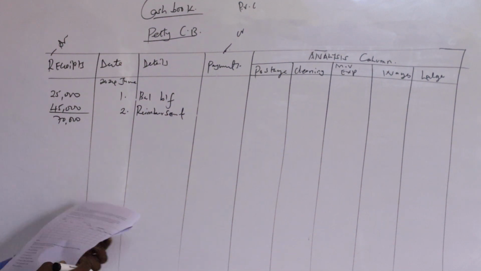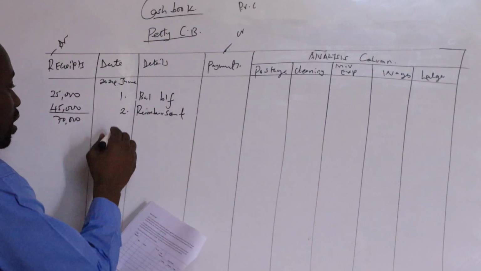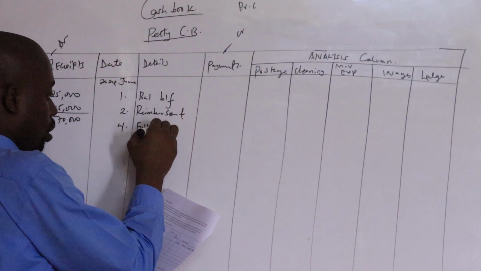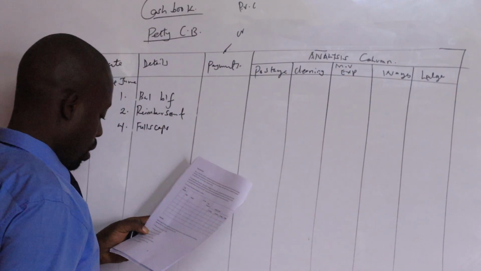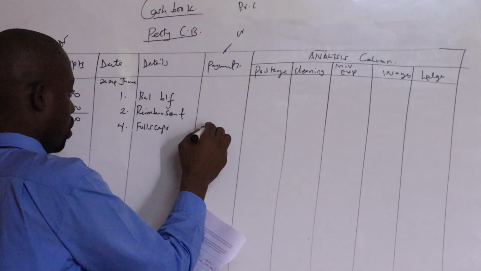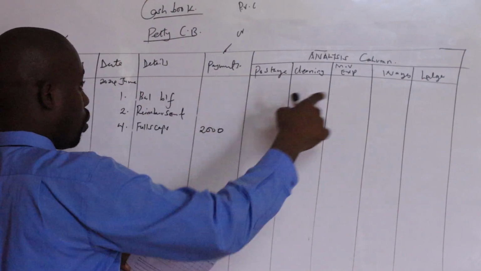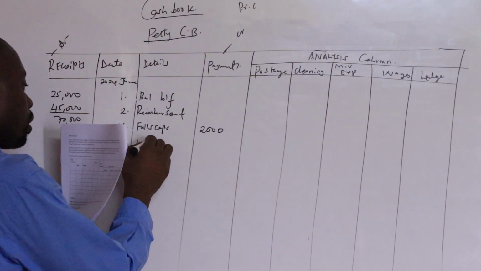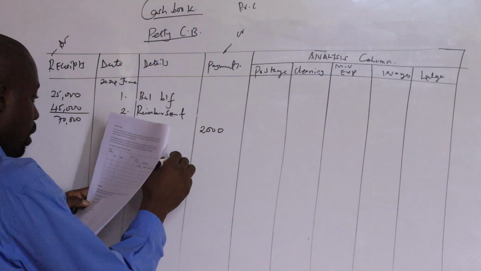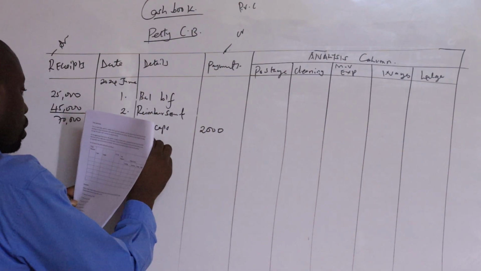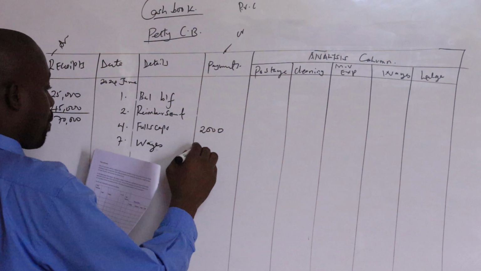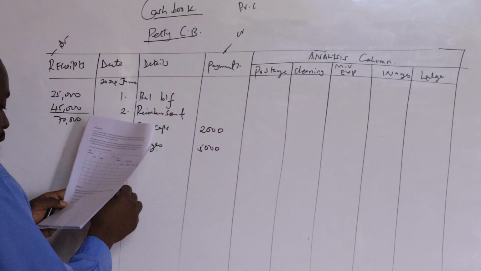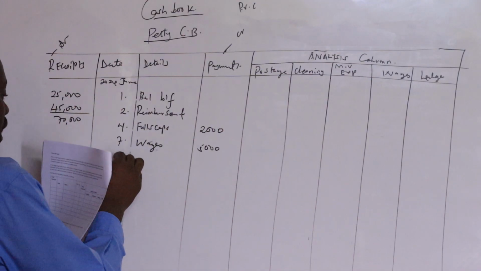So on next day, on 4th, bought foolscaps. Foolscaps worth 2,000. Let me list all of them, then we'll go and feature them where they're supposed to appear. 7th, paid wages, and the amount is 5,000. 9th, paid 15 for emails on 9th.